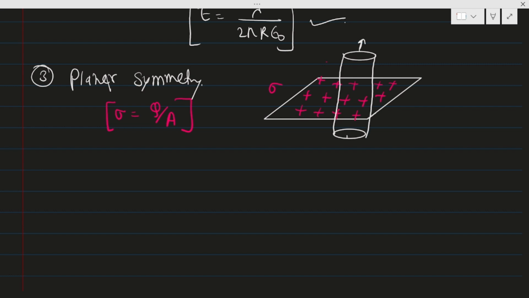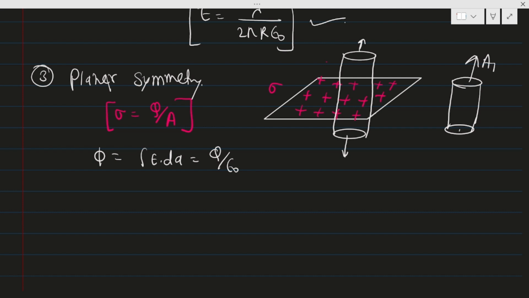Gauss's law says the closed integral of E dot dA is Q over epsilon naught, and we can break this cylindrical surface into three areas: area 1, area 2, and area 3.